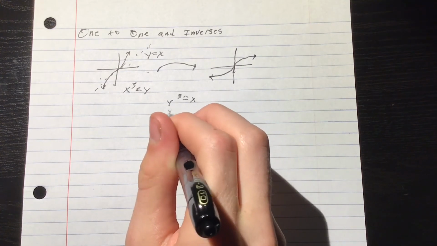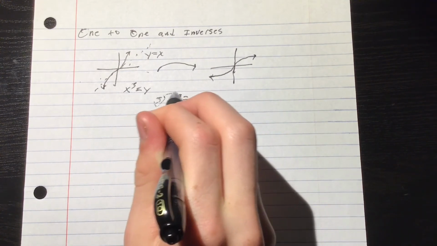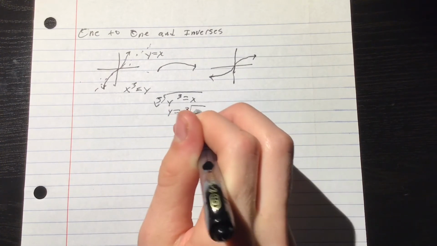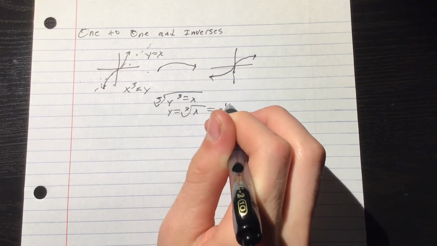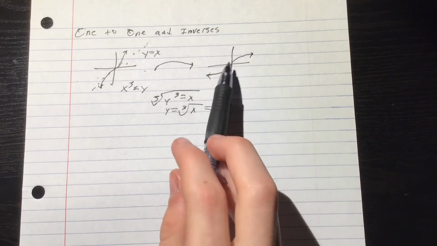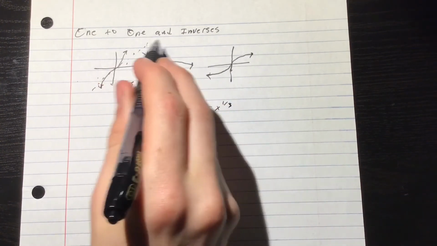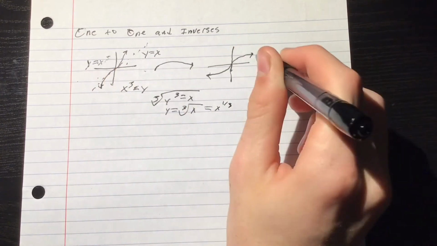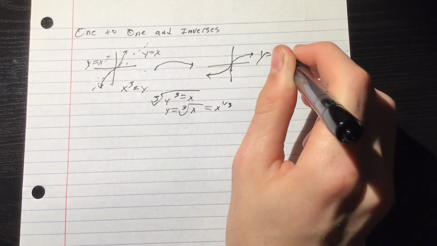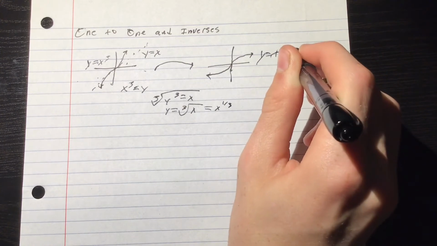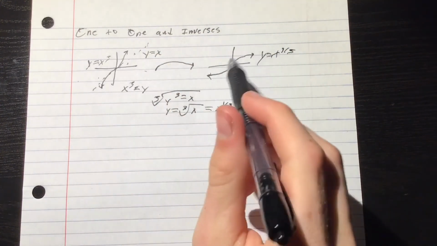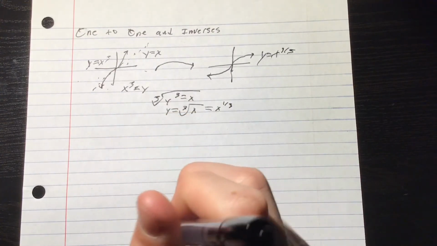And then if I take the cube root of both sides, I would get y equals the cube root of x, or x to the 1/3, which we know is what this graph looks like right here. So if this is y equals x cubed, this is y equals x to the 1/3. These two functions are inverses of each other because their graphs are reflections across y equals x.